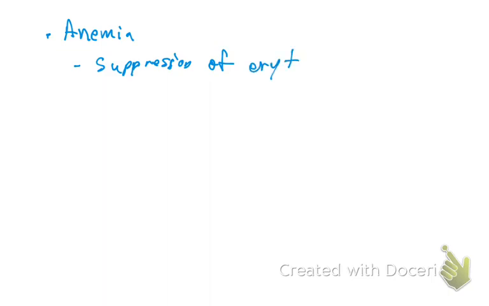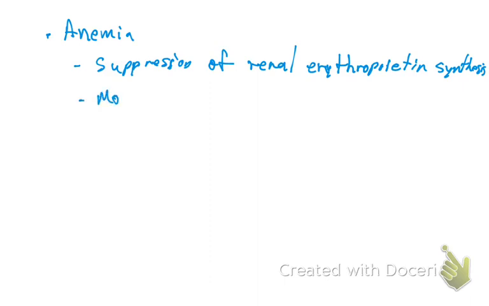The kidney also produces erythropoietin, so suppression of erythropoietin synthesis leads to anemia. This may be more severe in certain patients.